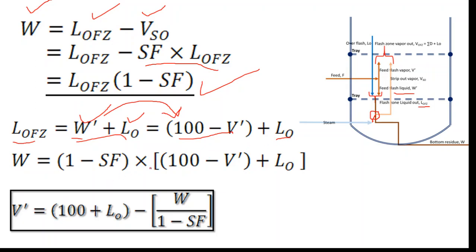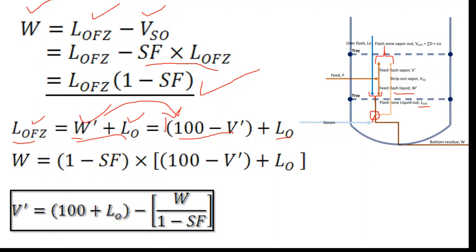Now if you rearrange all these things, LOFZ is nothing but W upon 1 minus SF. If you put all these values, W is equal to 1 minus SF times the value of LOFZ, that is 100 minus V dash plus L naught.